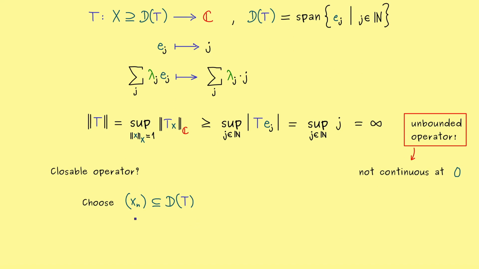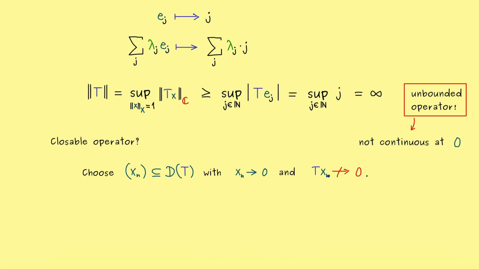So what we can do is to choose a sequence inside the domain of T that converges to the origin. And now we know that we have at least one sequence with the property that the images don't converge to 0. The operator T is not continuous at 0, so this is possible. However, still it could happen that the images here accumulate at 0.